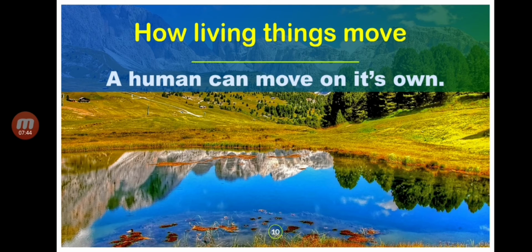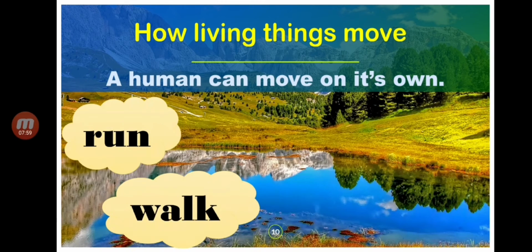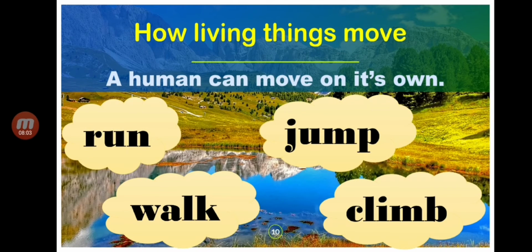Yes. Okay, even if they are a girl or a boy, they are called human, right? Okay, so how do they move on their own? So humans move on their own by running, or run, walk, jump, and climb.